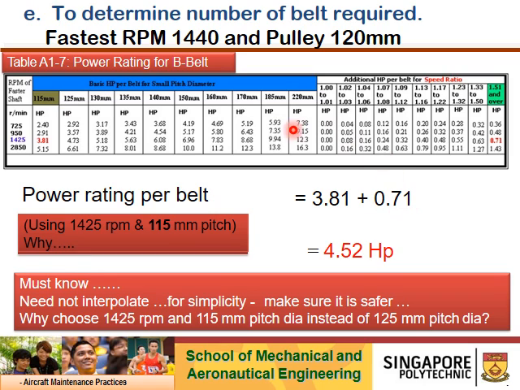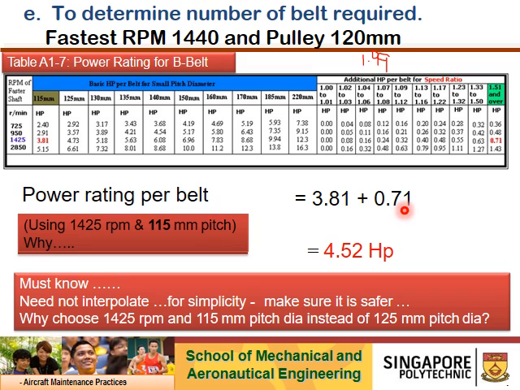And where do I get 0.71? If you move to the right-hand side, there is additional horsepower per belt for speed ratio. Our calculated speed ratio is 1.99, which falls in the last column, 1.5 and above.